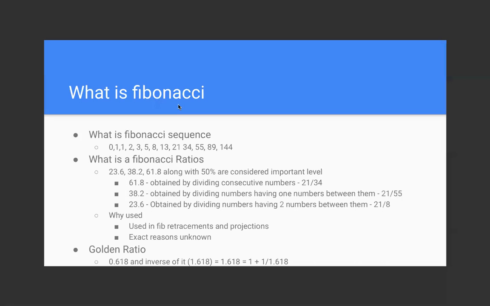The number of female bees will be more, so that will be 1.618. So this number has some philosophical significance, and that's why it is being used even in the stock market. But again, 1.618 is a very valid level. Along with it, we also use 23.6, 38.2, 61.8 in the retracements. Okay, so let's move.